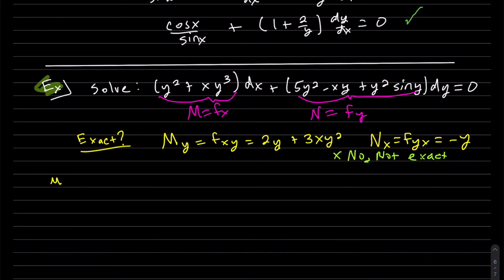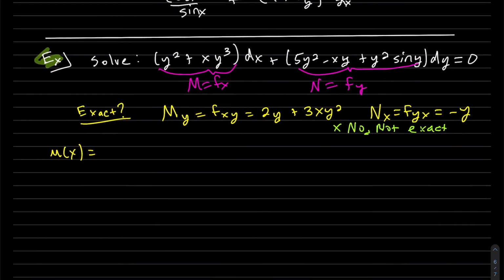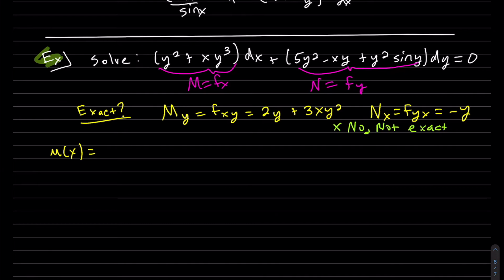So let's try mu of x, which is actually e to the integral of my minus nx all over n. But let's just find first my minus nx all over n to keep it cleaner.